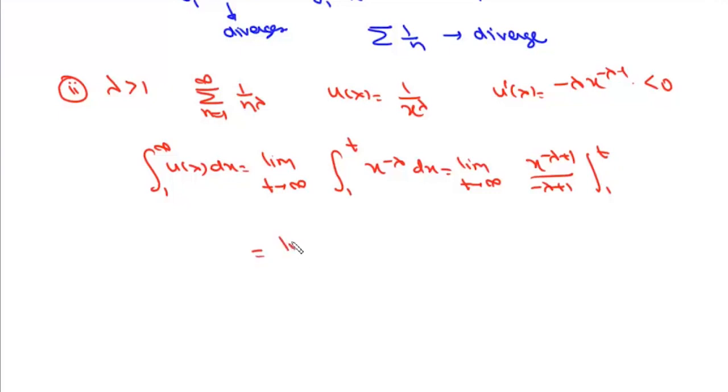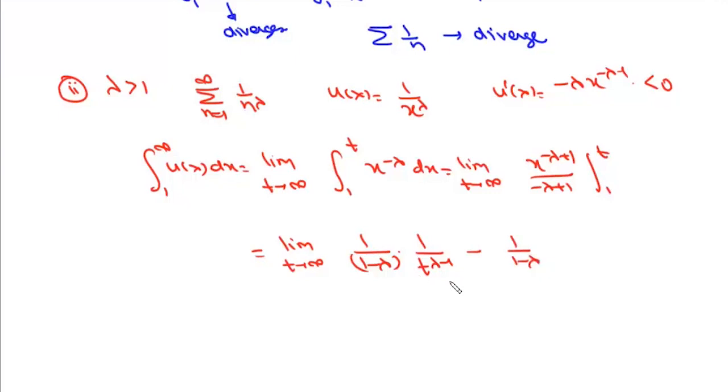So it will be this limit t tends to infinite, and here will be 1 upon 1 minus lambda times 1 upon t to the power lambda minus 1, and then minus 1 upon 1 minus lambda.